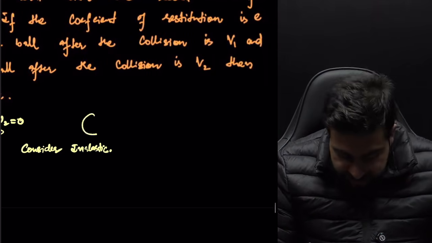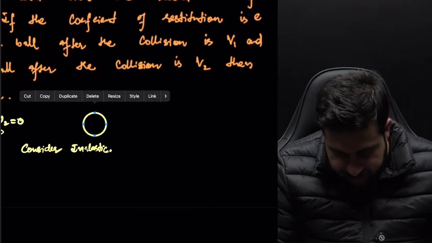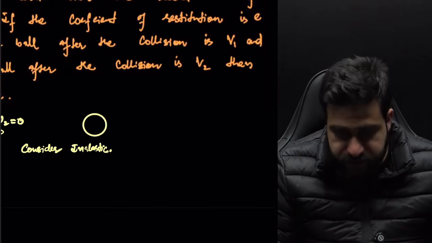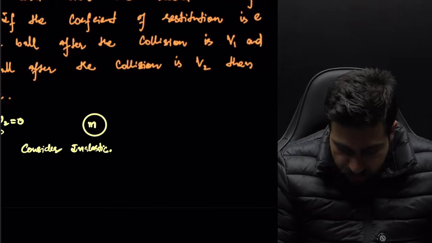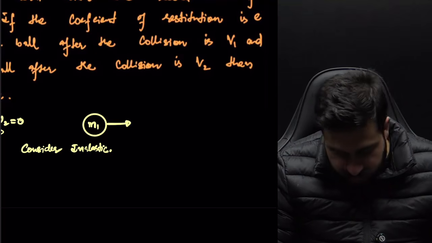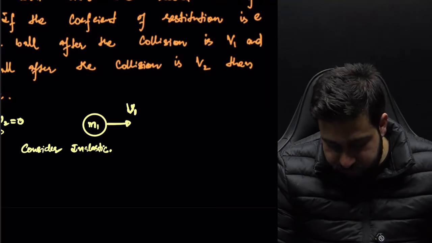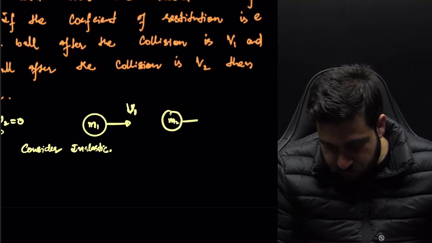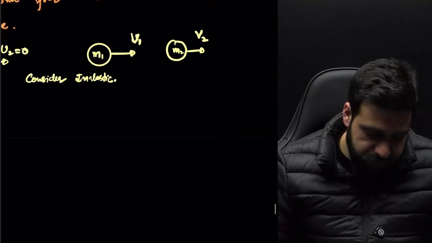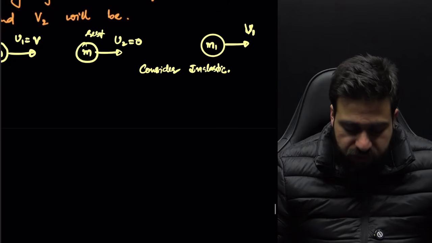Okay. So my dear NEET aspirants, in this particular case, this is M1, moving with a velocity, I would say V1. And this is M2, moving with velocity V2. We have to find the value of V1 and V2.